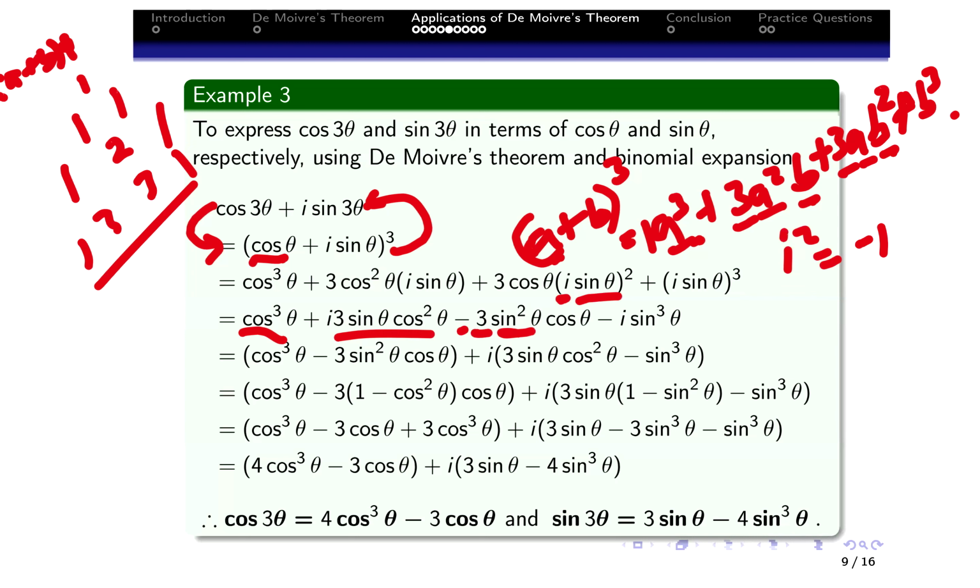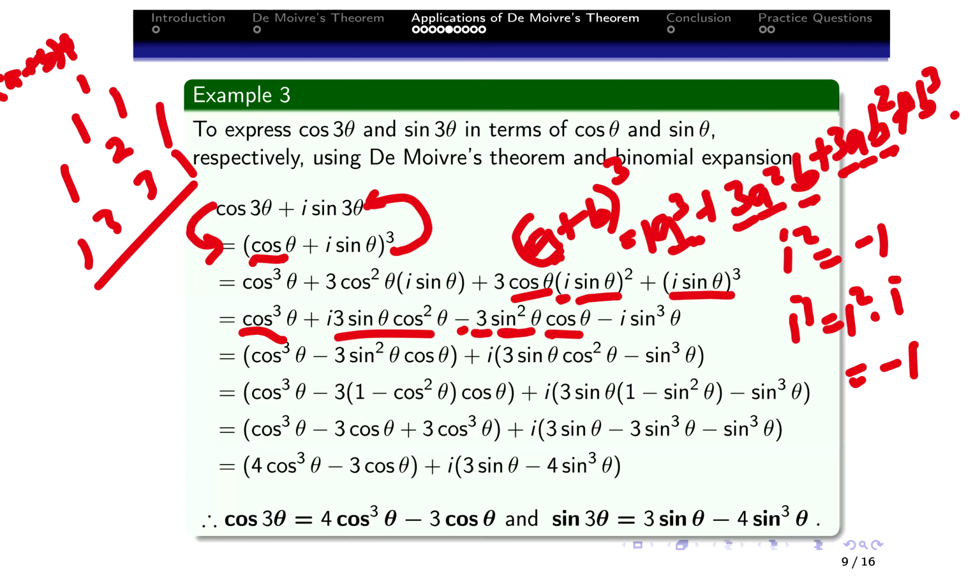And then lastly, i raised to power 3 is the same thing as i squared times i. So i squared is -1, then i. So it means that i cubed is -i. That's what you have here. And this is sin θ raised to power 3, sin cubed θ. Okay, so that is settled again.